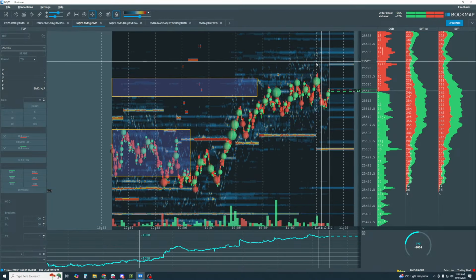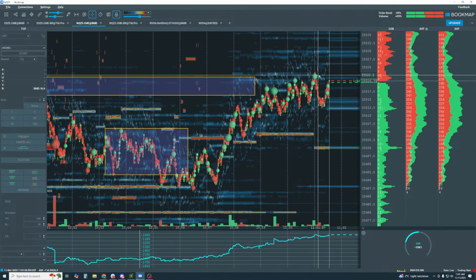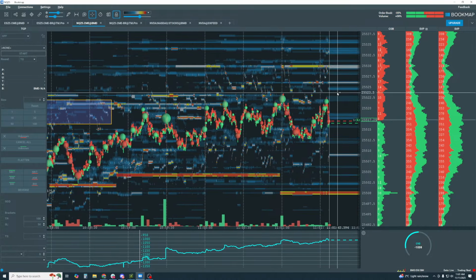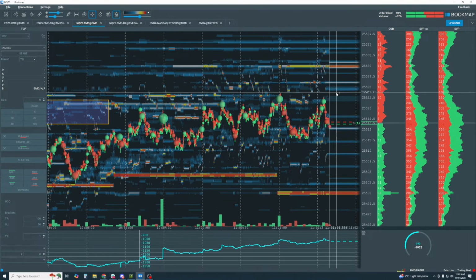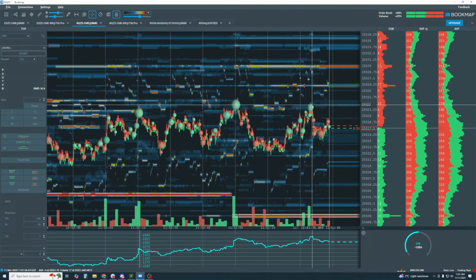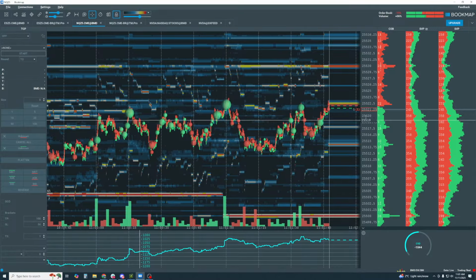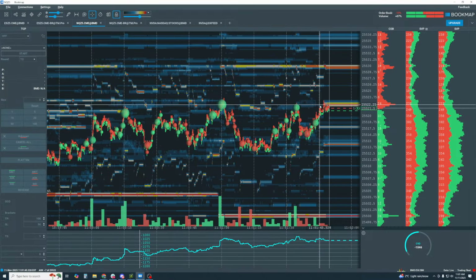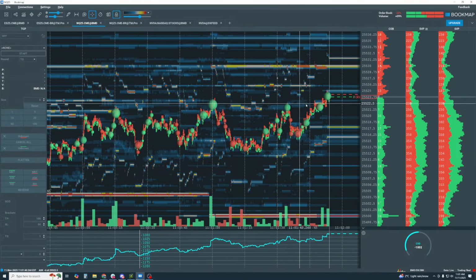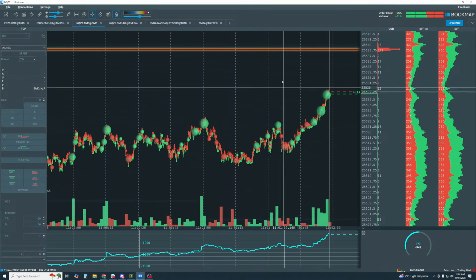Okay, so that's a lot of buying here so far. Okay, there's our retest. Still some buying up here though, still auctioning, so we can come back up here and we can break out. Yep, there we go.